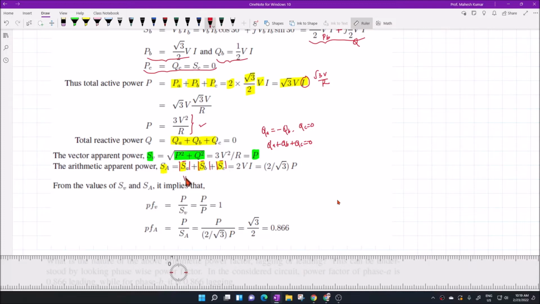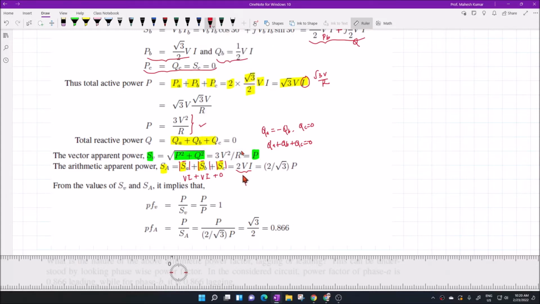So this is VI, this is also VI, so VI plus VI will be 2VI and this is 0. The C phase apparent power is 0, so this becomes basically 2VI, which is 2 and I is root 3 V by R.